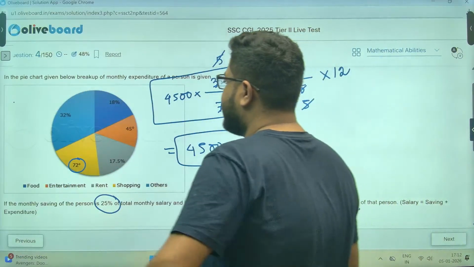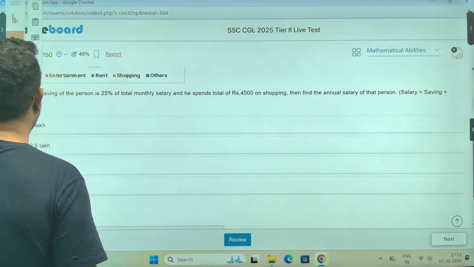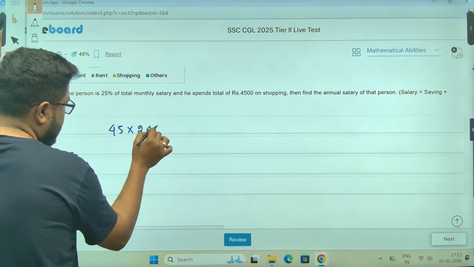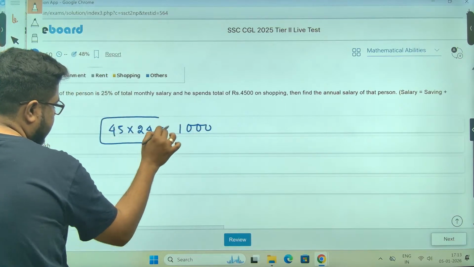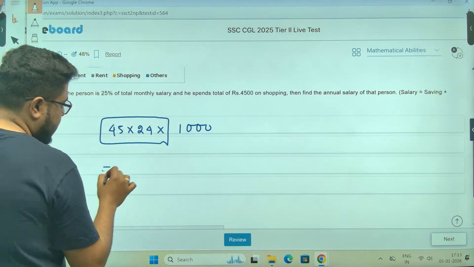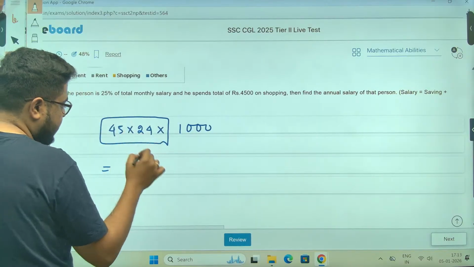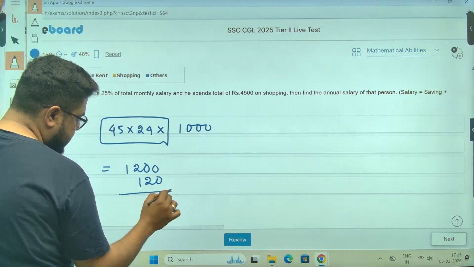45 into 24, 3 zeros. Achha, I have to go through this. 45 into 24 into, there are 1, 2, 3 zeros. 45 into 24. 24 into 5, that is 120. 24 into 50 will be 1200, minus 120, sir.